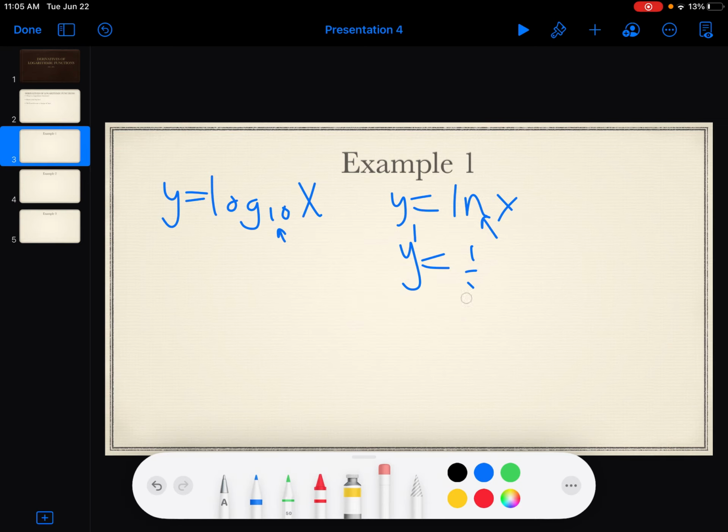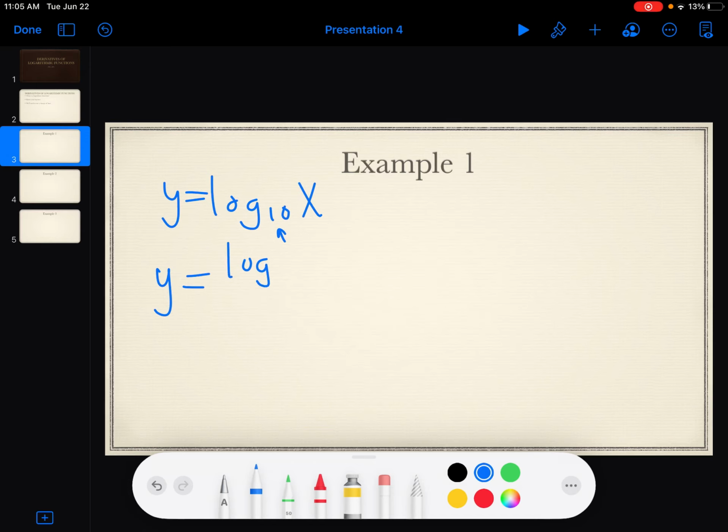So our change of base log law. We want the ln, base e. So we're going to have log base e of x, over log base e of 10.